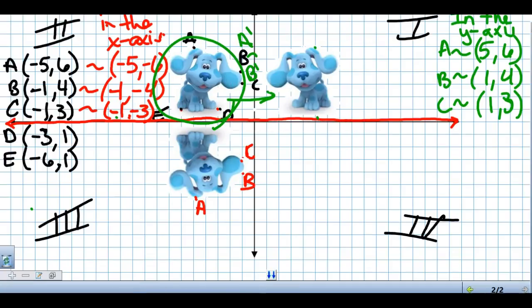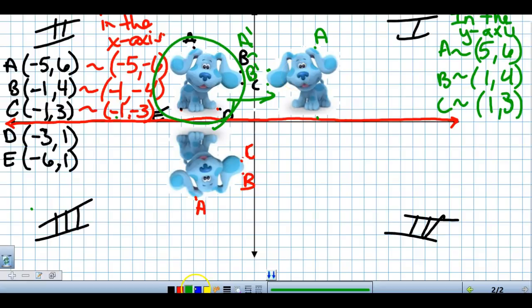And the new point A would be here. So there would be our A prime in this case. Our B prime would be in the location 1, 4 right here. C prime right there. Okay. And that's how she looks. So she ends up in quadrant 1 when she started in quadrant 2.